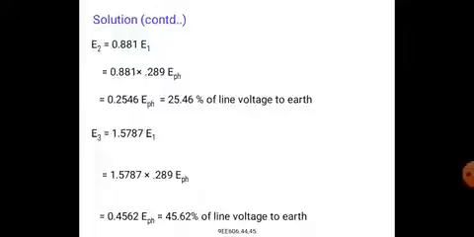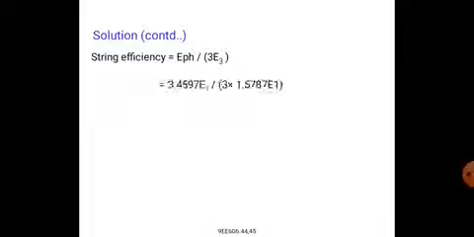Next, string efficiency. String efficiency is equal to E phase by 3 into E3, that is, the phase voltage divided by the number of discs, which is 3, times the maximum voltage E3.